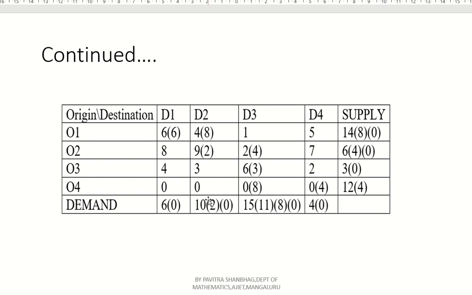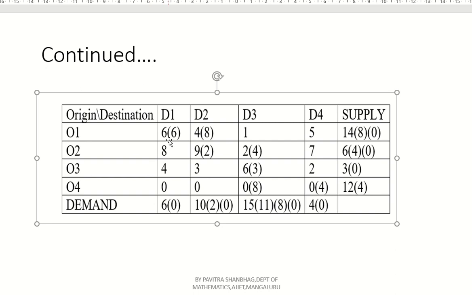Now, first check the first row, first column. What is the minimum of 6 comma 14? That is 6. Allocate that 6 to the first row, first column. The demand is 6 and we have assigned 6, so the complete column vanishes.